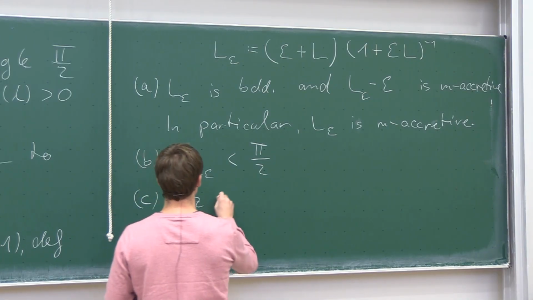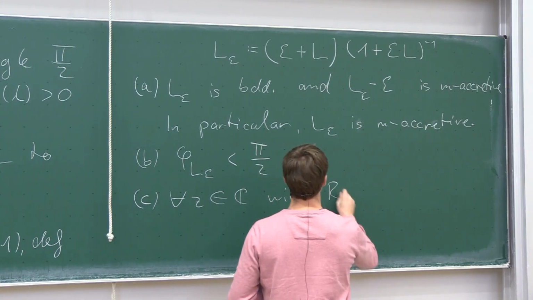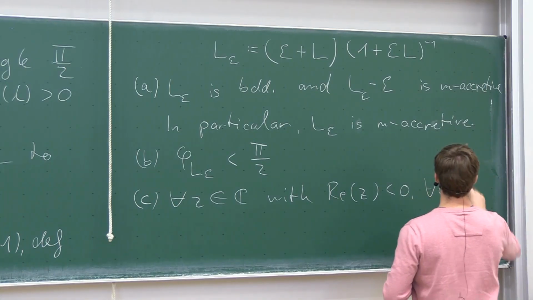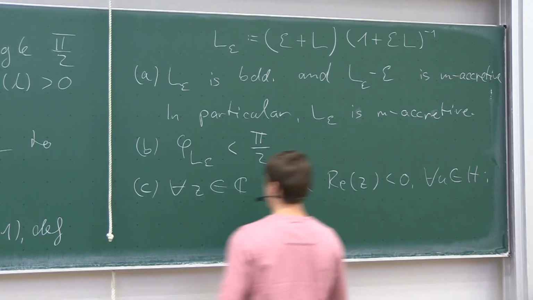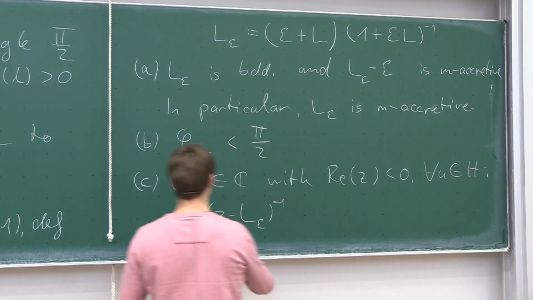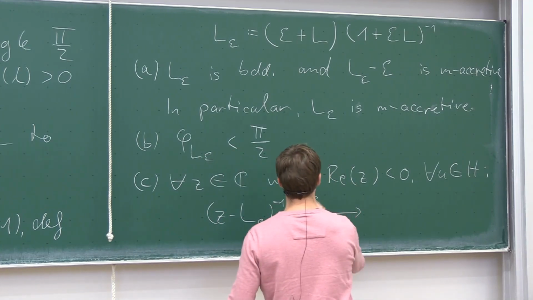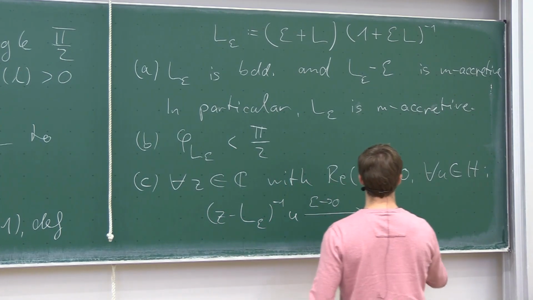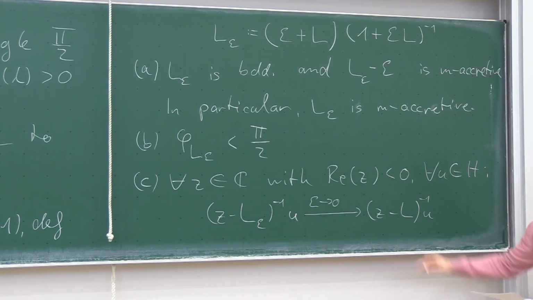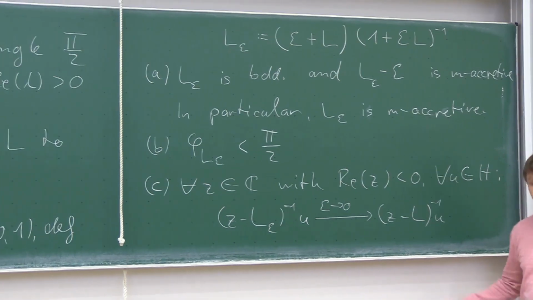So for all complex numbers z with negative real part, and for all Hilbert space elements u, we have that the resolvent of L epsilon evaluated at z applied to u converges as epsilon goes to 0 to the resolvent of L in z applied to u.